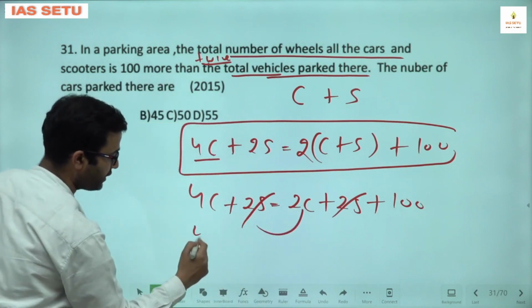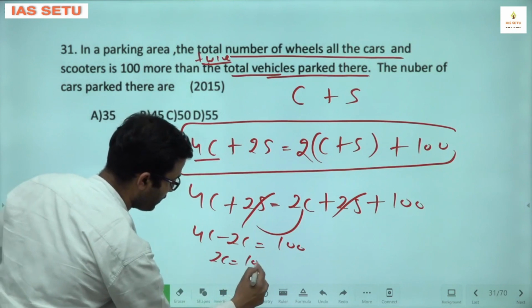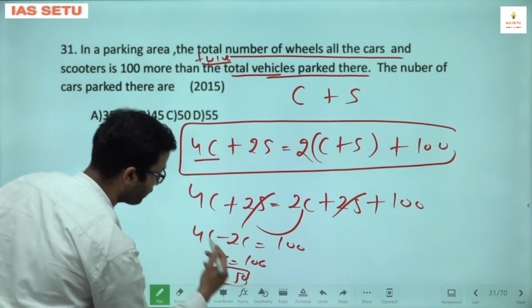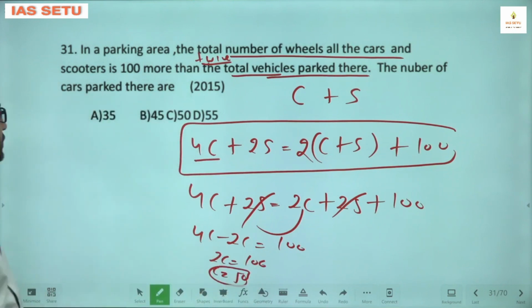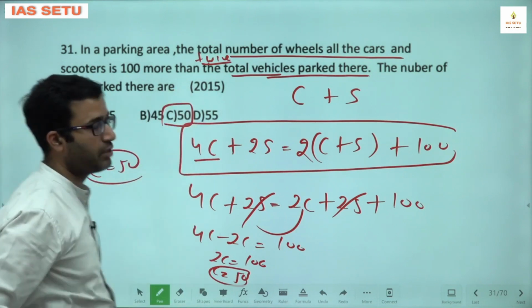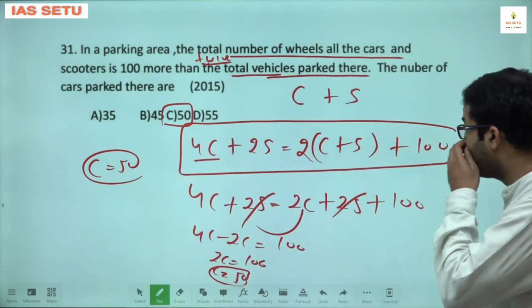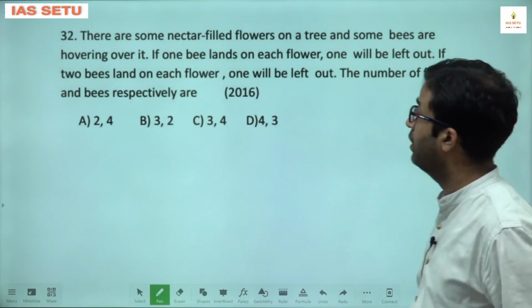You take 2C this side. 4C minus 2C is 100. 2C is 100. Value of C here is 50. Number of cars parked is 50. So answer C, it is 50. So make correction: twice the total vehicle parked there. Okay, sorry for the inconvenience. So there is a correction in question number 31.